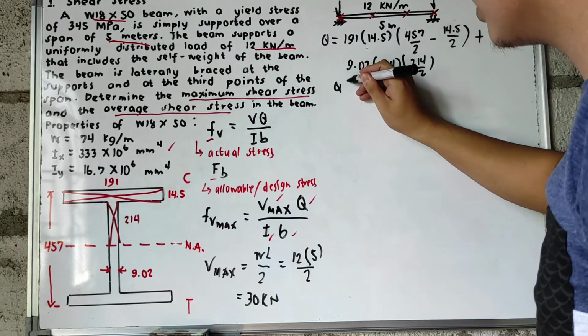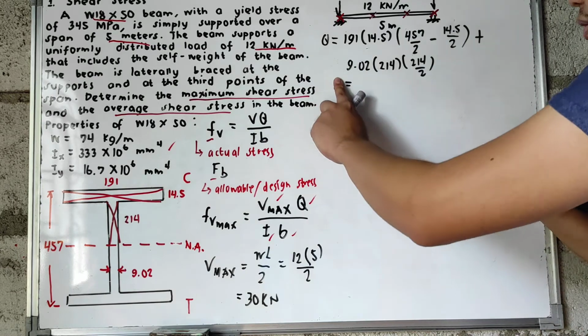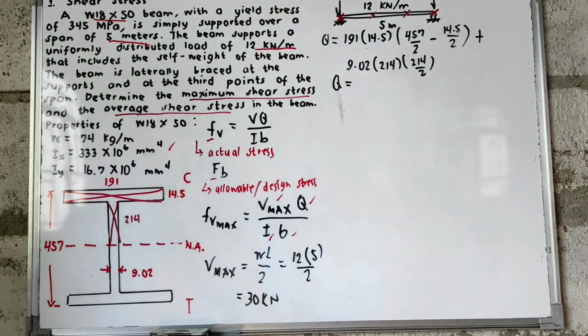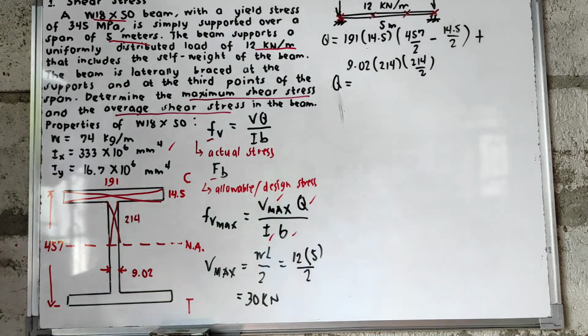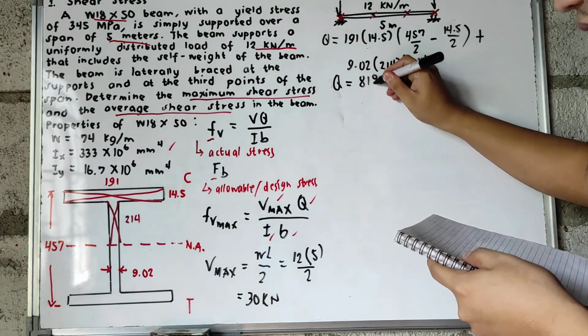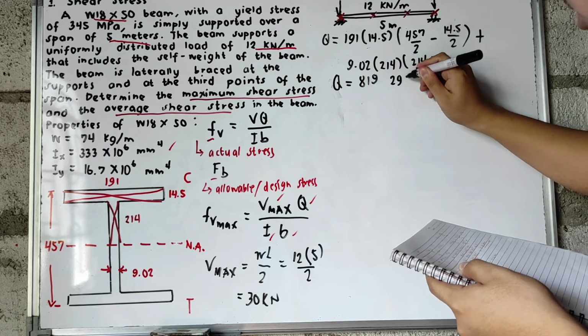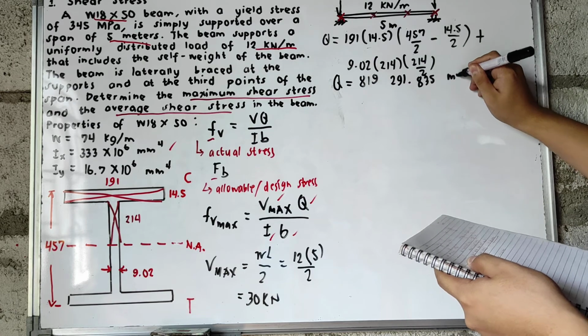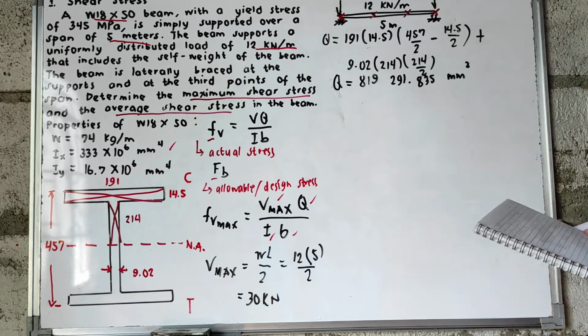So we have a value of our Q, which is equal to 819,291.835 mm to the cube.